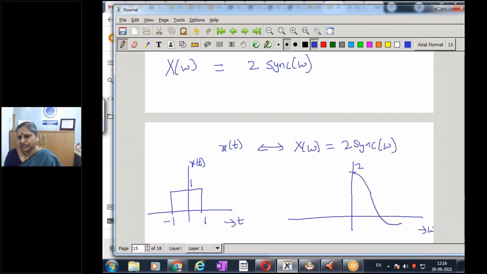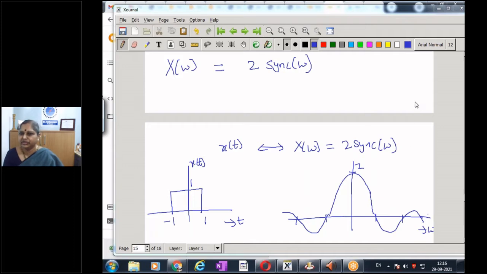Where will I have my zero crossings? At argument equal to... who recollects the sinc function?